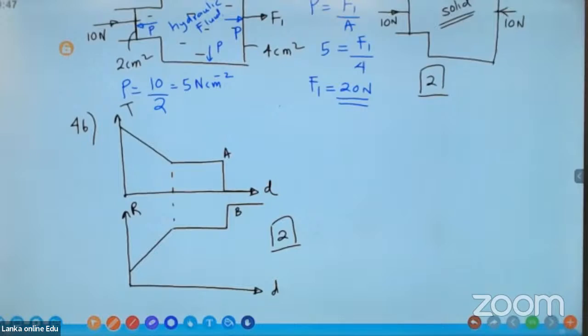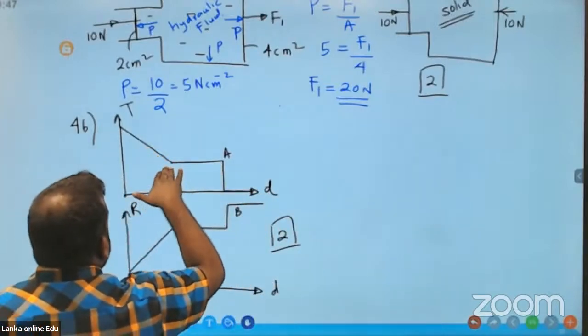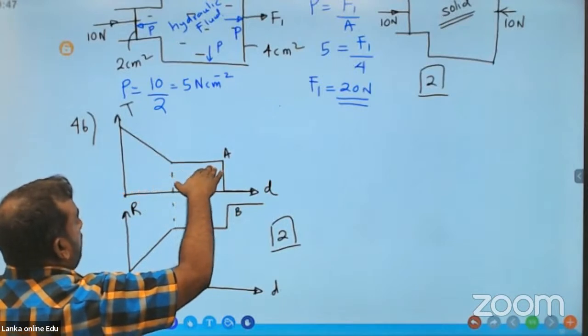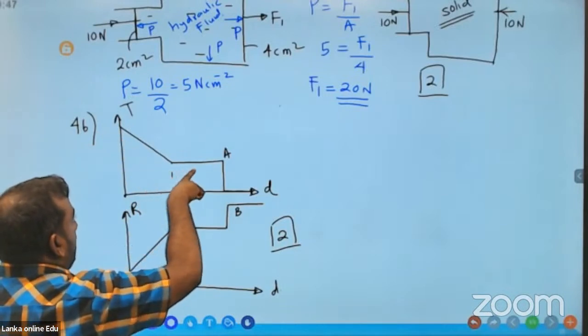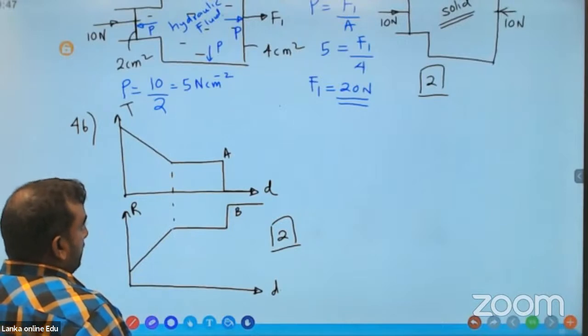When we keep immersing, the tension will reduce. Once it is fully submerged, the tension will remain constant.